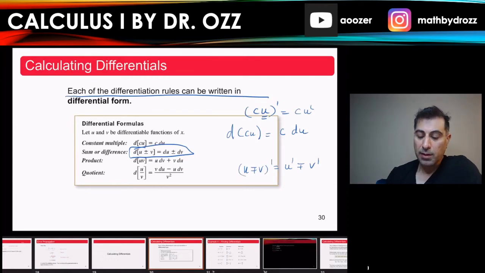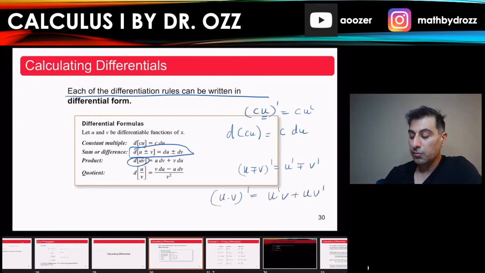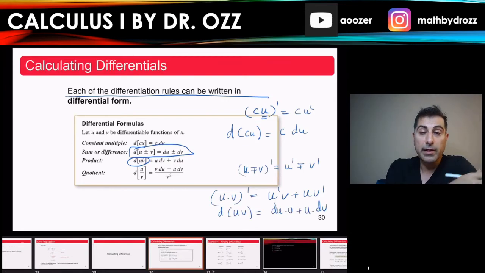The same thing applies to the product rule. Remember we were using u prime v plus u v prime. Whenever you see a prime, you replace that by d. So d of uv equals du times v plus u times dv. Likewise, you can do the same thing for the quotient rule.